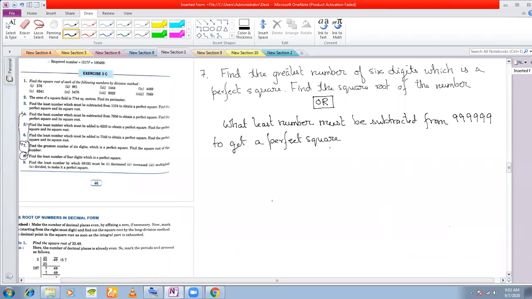And the second part of the question is, find the perfect square and its square root.